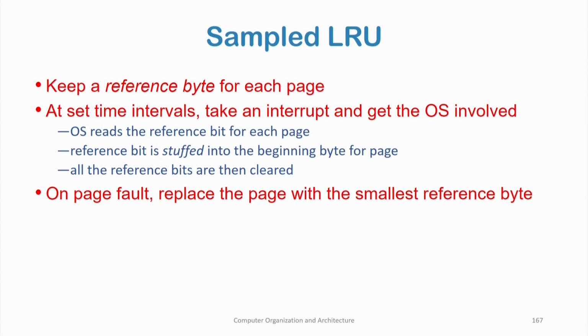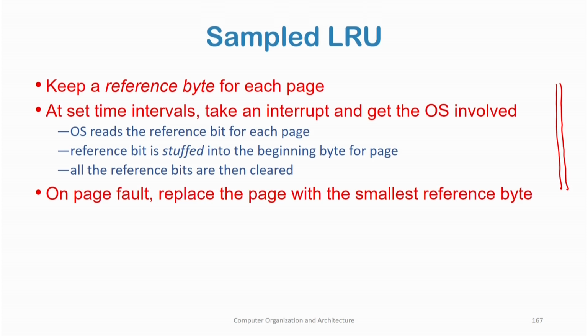The next one is sampled LRU. Sampled LRU is an extension over the approximate LRU which we studied using just one reference bit, and it has a slightly higher hardware cost in that the first byte of each page is used by this strategy.